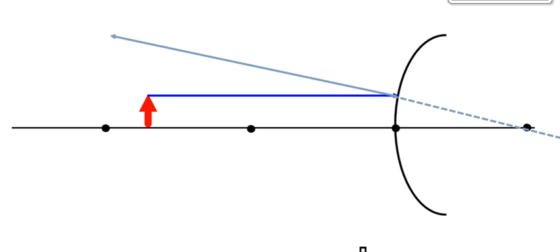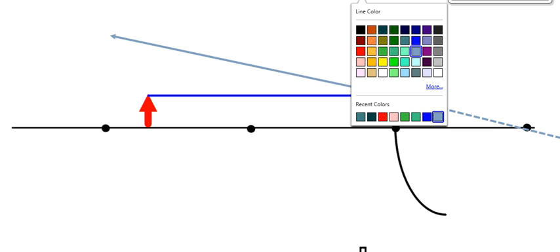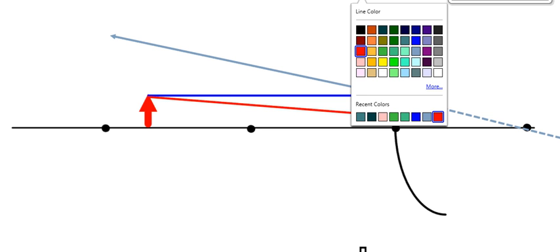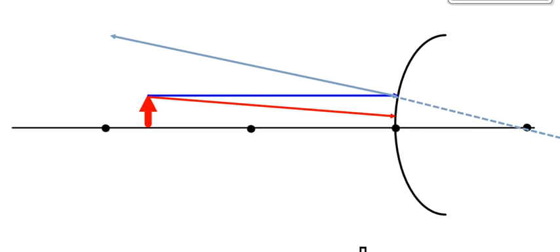Now the next line tries to go in through the focal point, that one over there, by the way, and it's going to bounce out parallel. Same rules as last time. But that line's going to continue backward, and it's going to be parallel to the axis, so it's a little off.